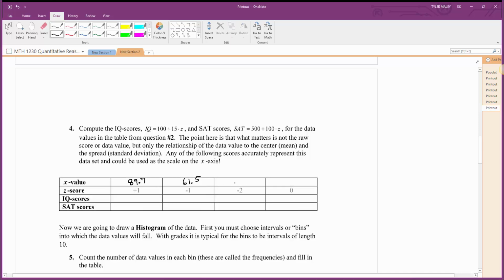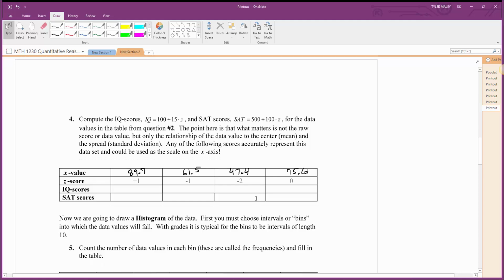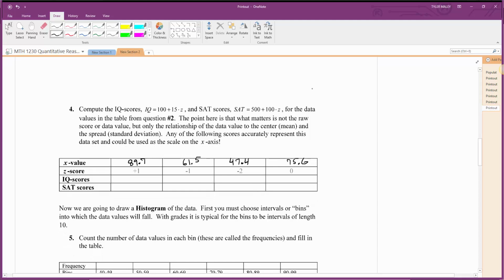For -2, the x value was 47.4. And for 0, the x value was 75.6. So that's our raw data, raw score. Then we want to convert this into IQ and SAT scores.